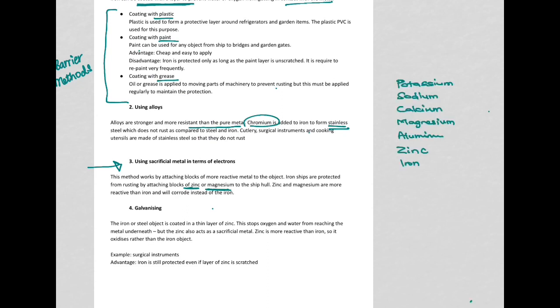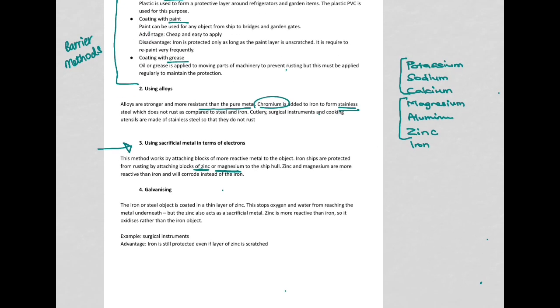If you look at the reactivity series, magnesium, aluminium and zinc are above iron. We're not going to use metals that are too reactive. When these metals are exposed to oxygen, they will be oxidized instead of the iron.